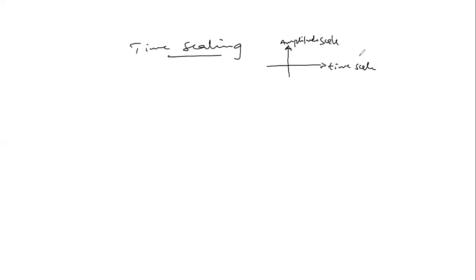So what we want to do in time scaling is to scale the time, leaving the amplitude the way it is. If we have to scale the amplitude, then we scale the amplitude. But this time, as the name implies, is to scale the time scale.